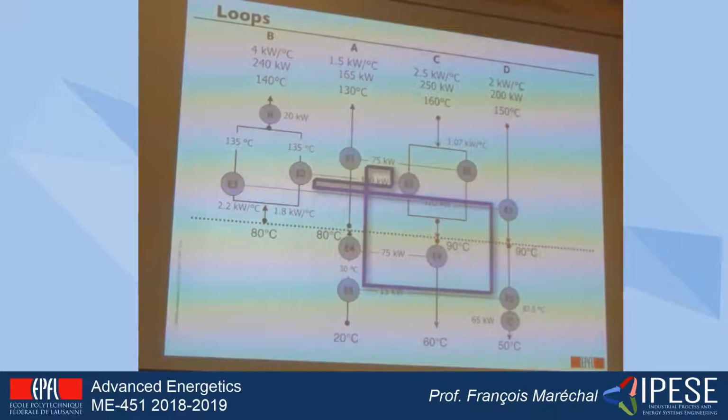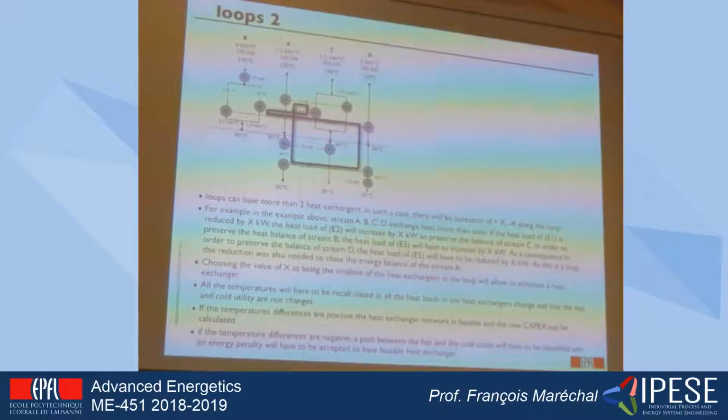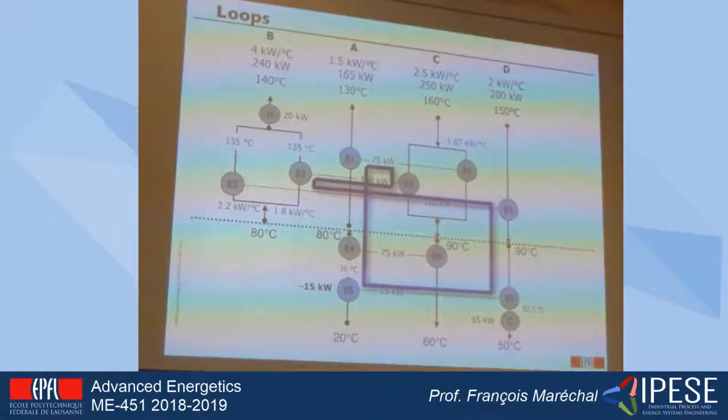But there were other solutions. So for example, another loop can be identified. In this loop, again, I'm starting from the original design. I can use this loop to suppress the E5 heat exchanger. So by taking minus 15 there, plus 15 there, then minus on the E2, to finally come back with a plus on the E3.